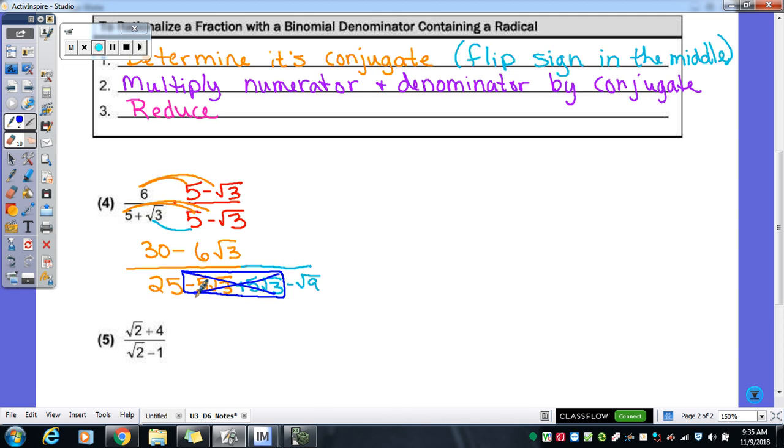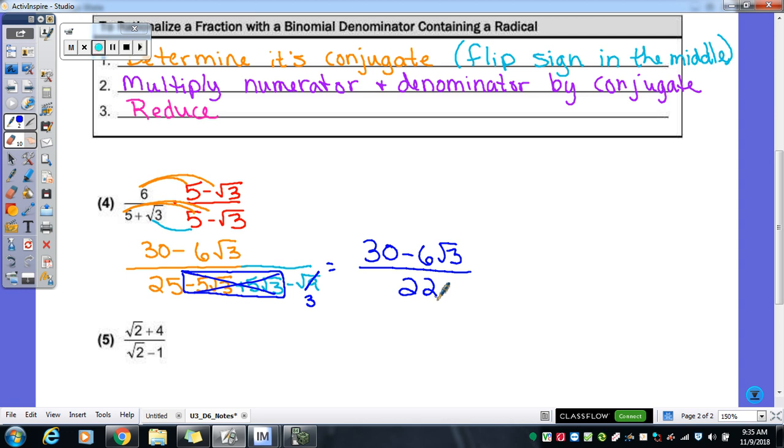And then the square root of 9, what does this turn into? 3. So I have 30 minus 6 radical 3 as my numerator. Denominator, 25 minus 3 gives me 22.